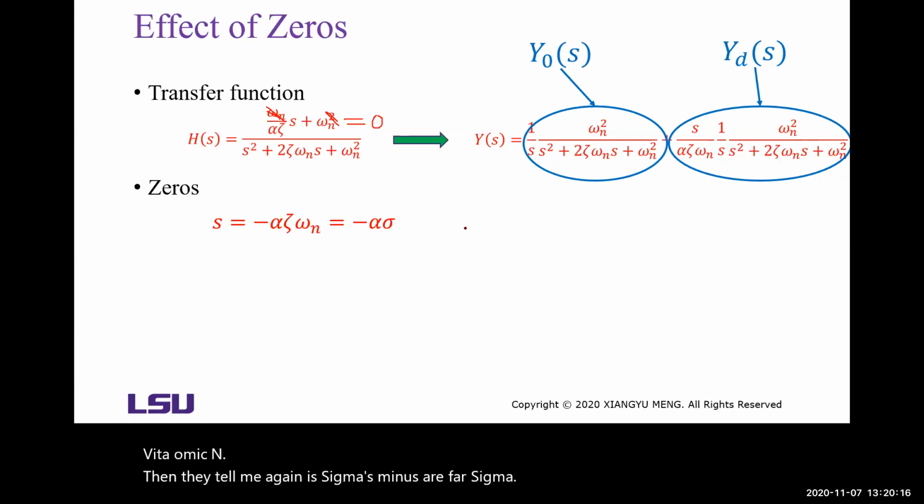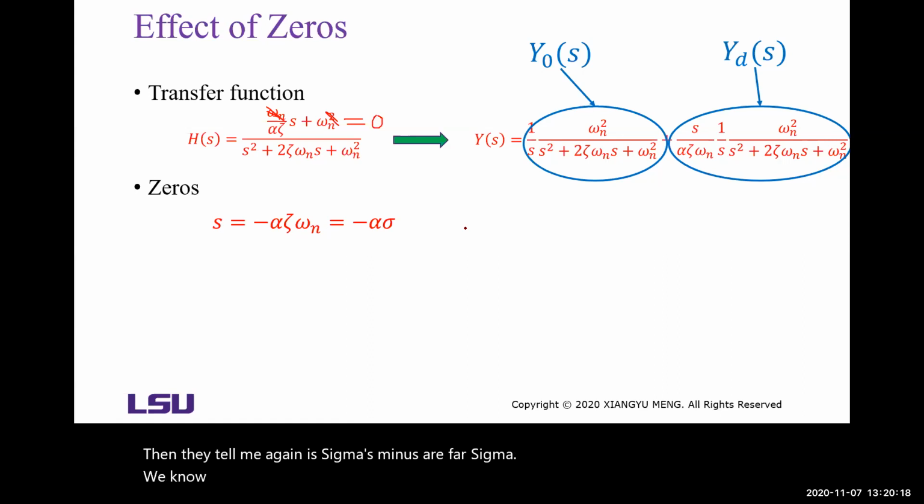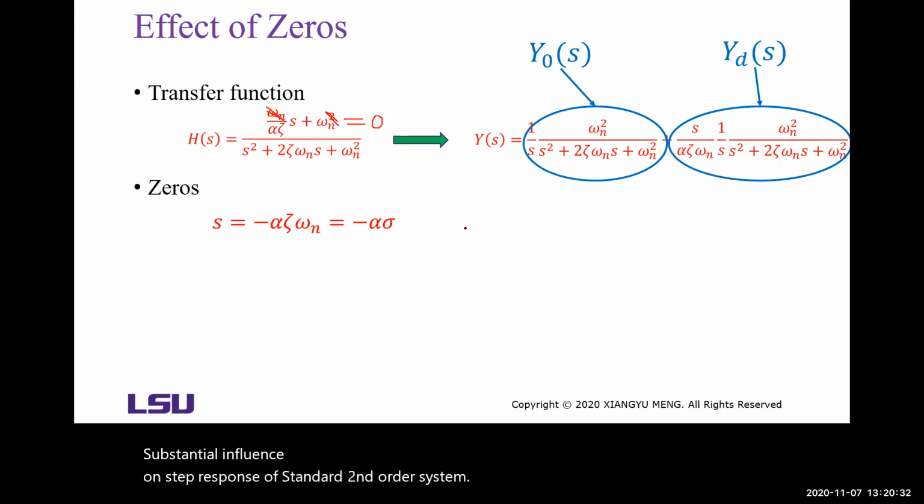We know when alpha is small, it has a substantial influence on the step response of the standard second order system. But when alpha is large, it has little effect on the standard step response.